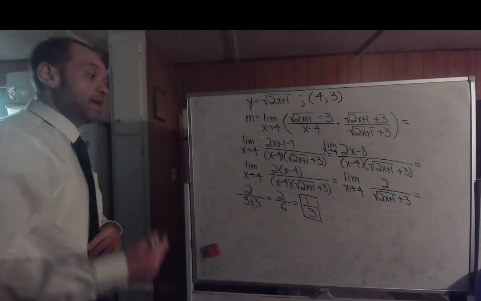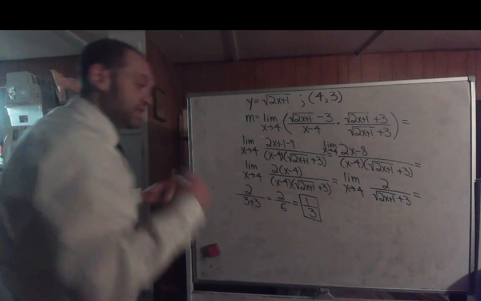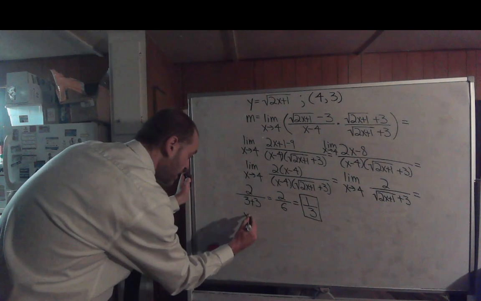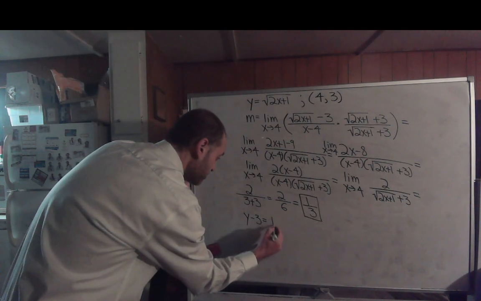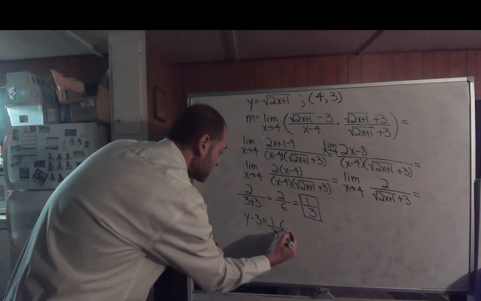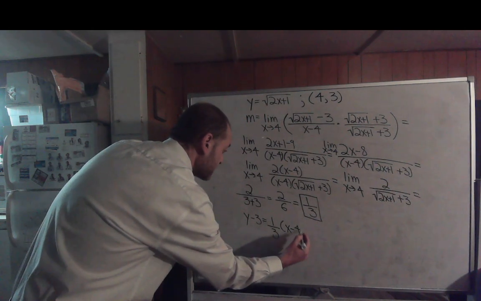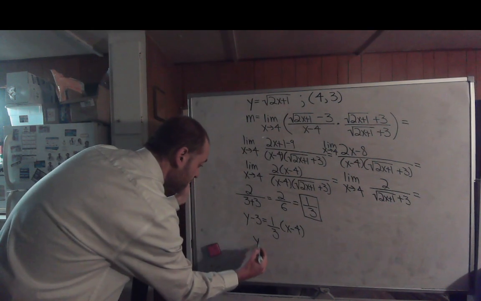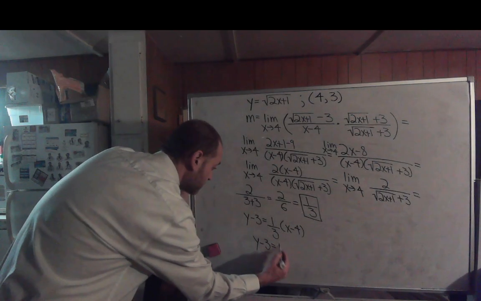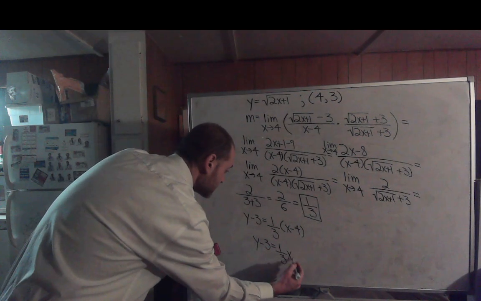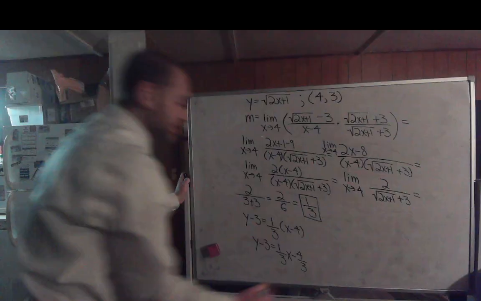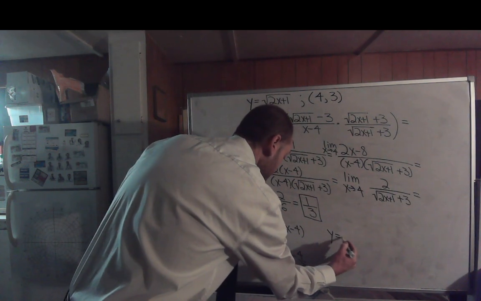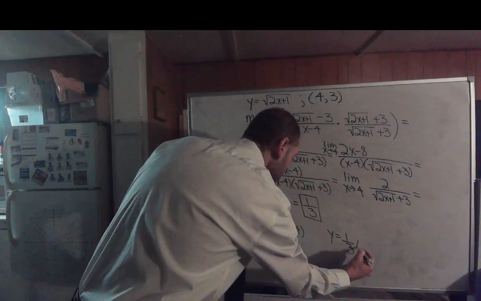Now we just need to find the equation of that tangent line, so we'll take y minus 3, set that equal to our slope of 1/3 times the quantity of x minus 4. Well, that would give us y minus 3 equals 1/3 x minus 4/3. Let's go ahead and simplify this. This would give us y equals 1/3 x.